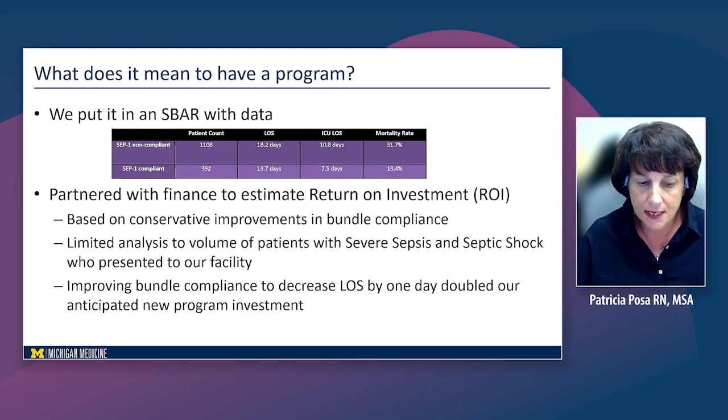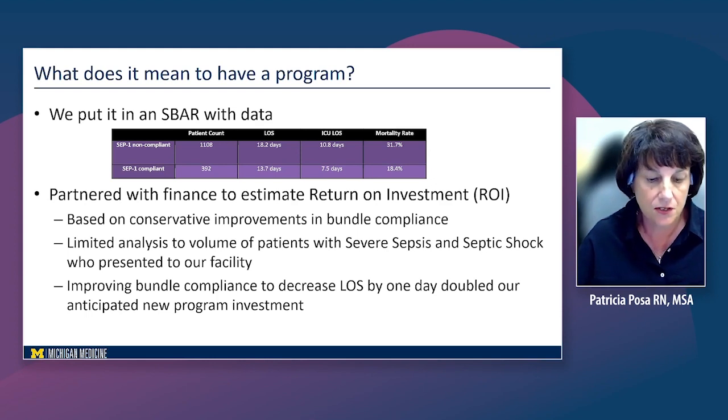And so we did a pretty conservative estimate, and the outcome of interest that we used for the ROI was length of stay. So we looked at severe sepsis and septic shock populations for over 3 years, and compared the length of stay when they were compliant versus not compliant, as you can see on the graph, and the compliant patients averaged a length of stay of 5.2 days less than the non-compliant.